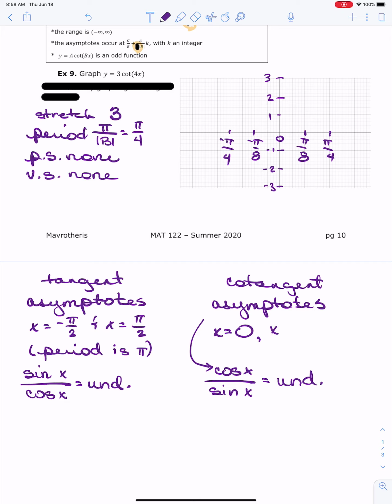That happens when x is pi. Cosine is negative 1, sine is 0, and then 2 pi. So that happens at the multiples of pi. So with no adjustments, the asymptotes are at x equals pi times k, where k is an integer. Notice that's at the ends of the period, the start and the finish, okay?